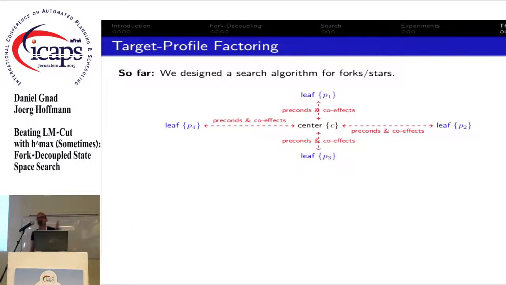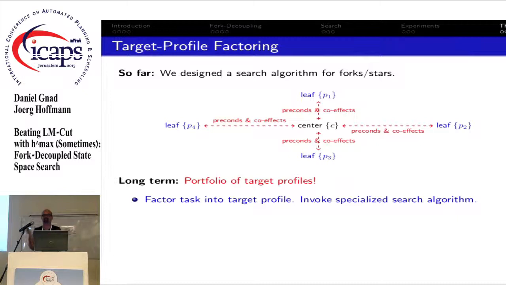Finally, this is for forks and stars. Is this the only thing we could use? Well, no. We can just design arbitrary structures and design combinatorial search algorithms suitable for those structures. Now, I can't tell you what those structures are. One instruction for finding them I can give you is to go through all the causal graph literature, and rather than consider intractability, consider specialized combinatorial search algorithms.